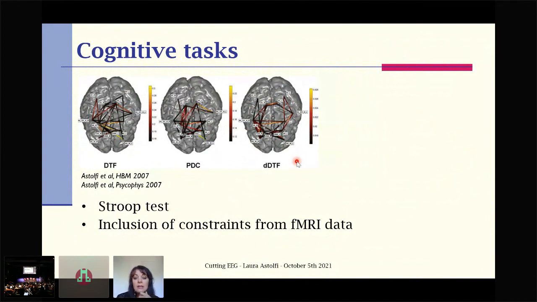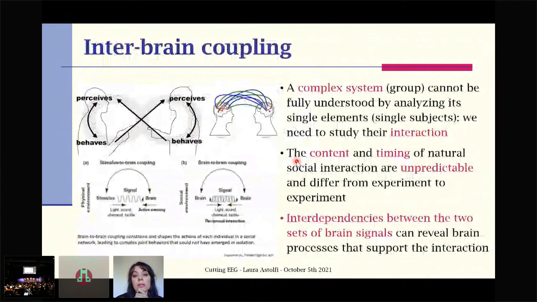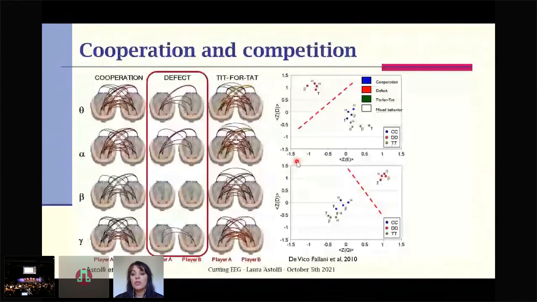Finally, the last application I would like to show you is related to multiple subjects modeling. In multiple subjects modeling, what we do is measure different subjects simultaneously while they interact. The idea is to describe a complex system made of different individuals interacting, with different brains mutually influencing each other.